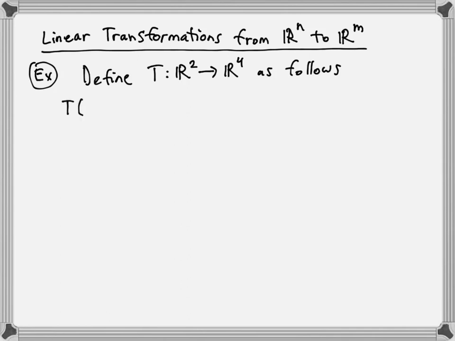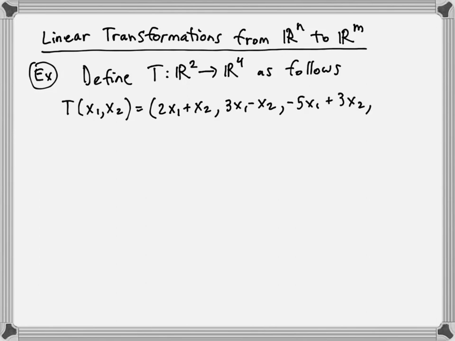I just have to tell you where T sends an element. So where does T send? I've got to send an ordered pair somewhere, right? Because I'm sending R2 to R4. So this is where I'm going to send it. It's going to go to 2x1 plus x2, 3x1 minus x2, negative 5x1 plus 3x2, and negative 4x2.